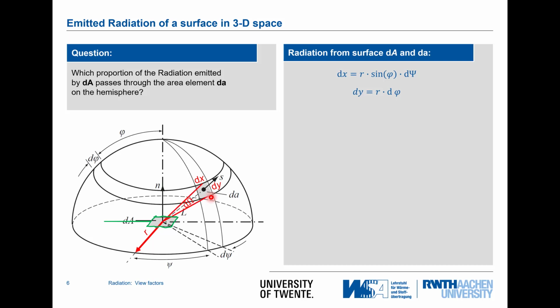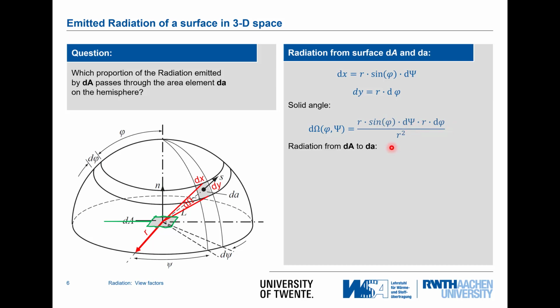And now we want to estimate how much radiation goes into this direction. So there's a solid angle dΩ that depends on φ and ψ, and this is the surface of this element divided by the radius squared. So this is dx times dy, r sin φ dψ, r dφ.